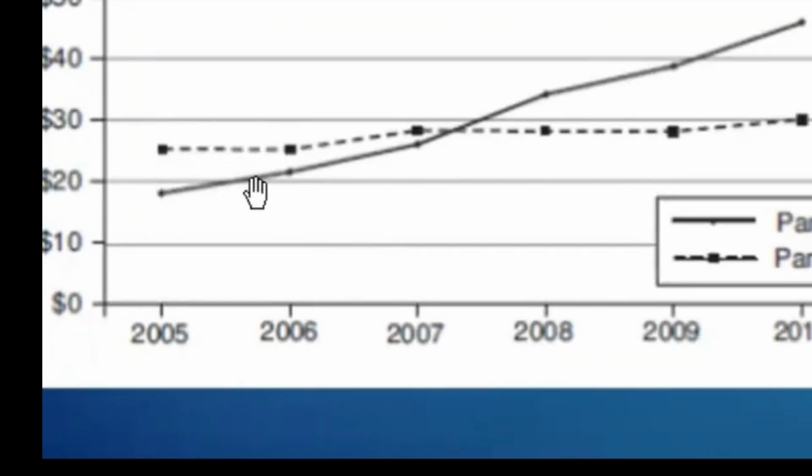Again, you would imagine yourself walking along this mountain, right? And at what point here are you most likely to slip? Or where's the line steepest? And the line is steepest right here, right? So we could answer that between 2007 and 2008, Part A had the greatest price increase.